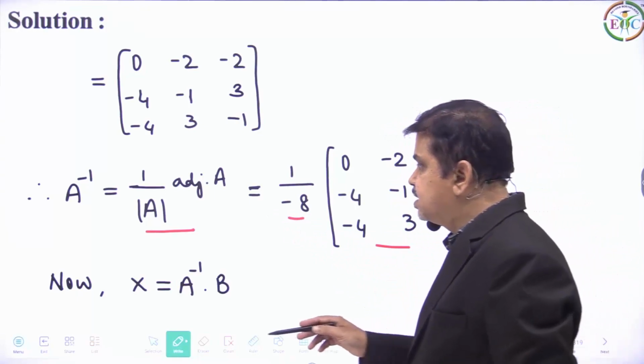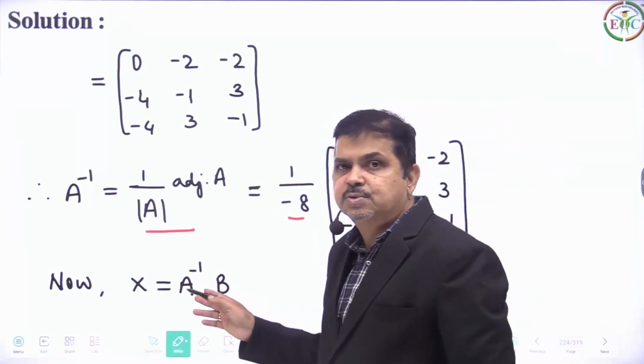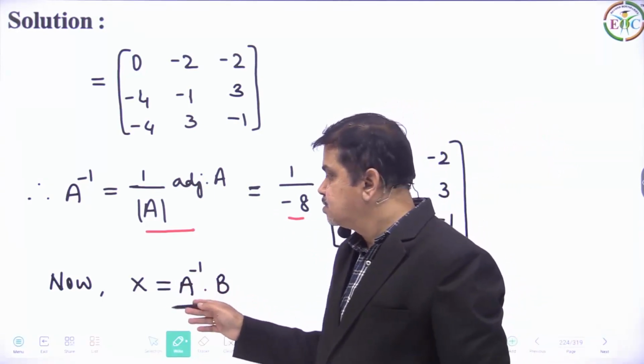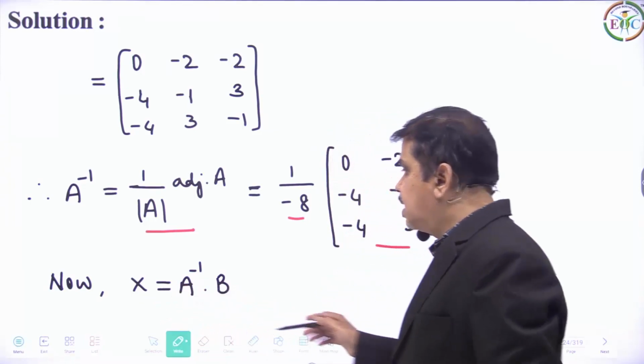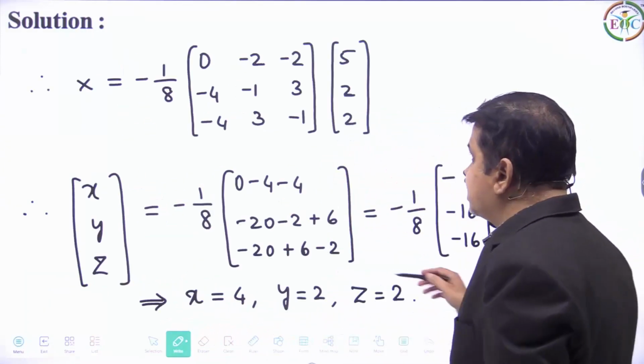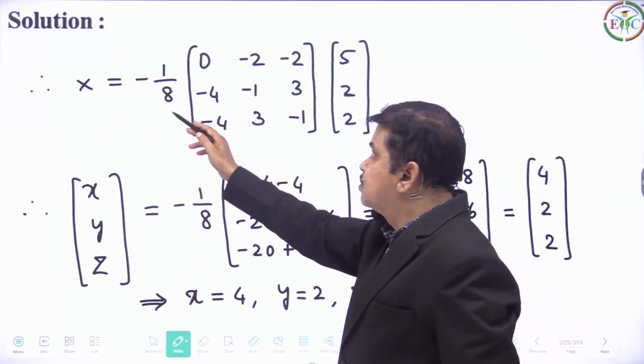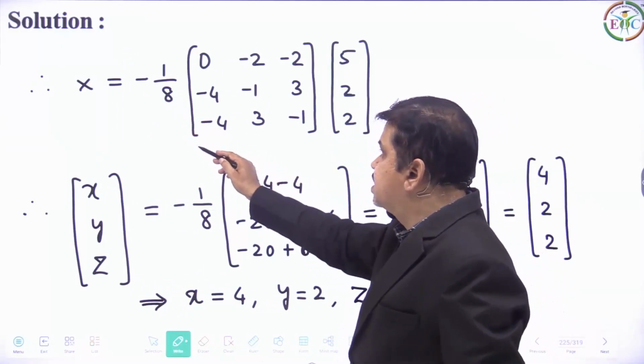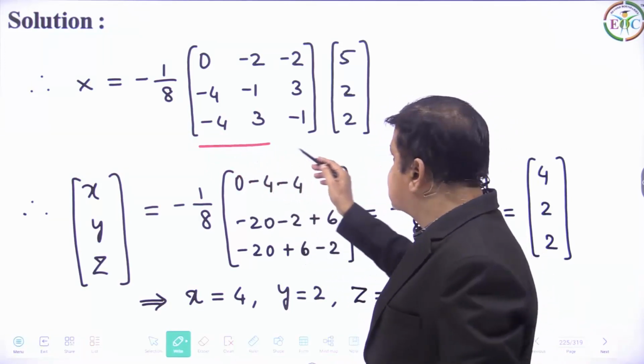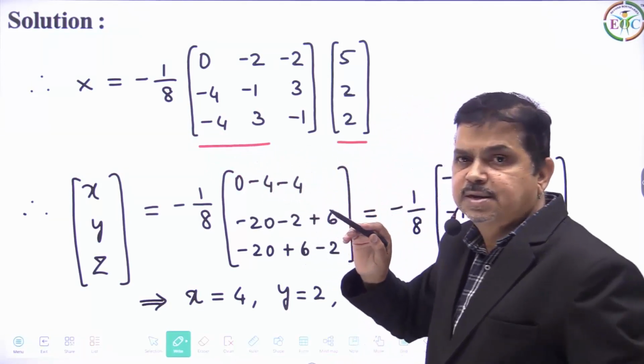Now the given equation is X equal to A inverse into B. Writing this in matrix form, we write down the X matrix. So we have minus 1 by 8 into the A inverse matrix and then the B matrix.